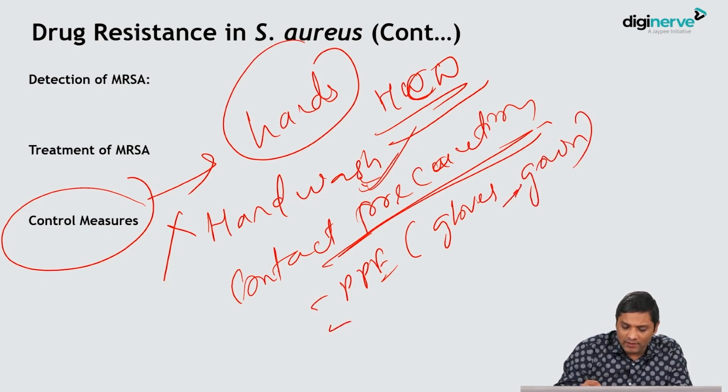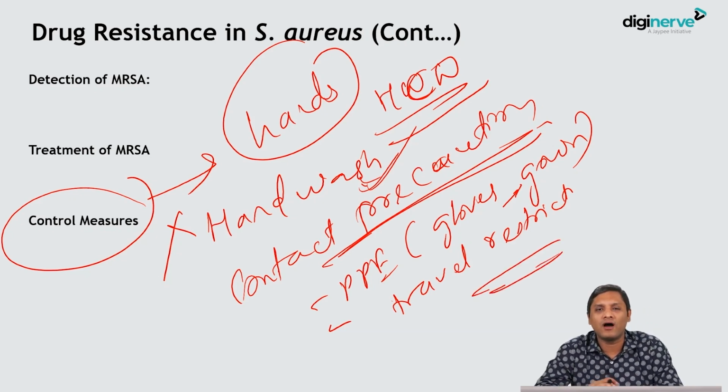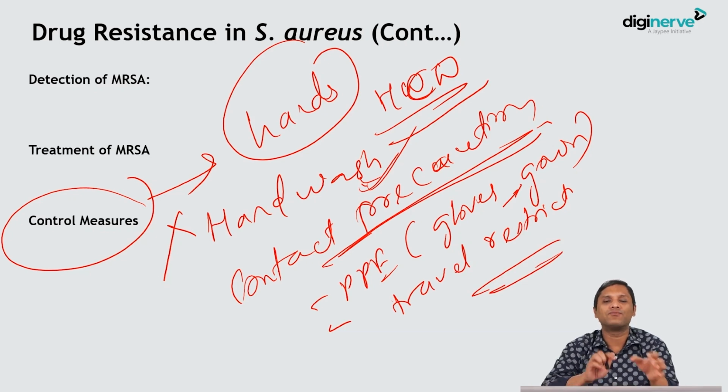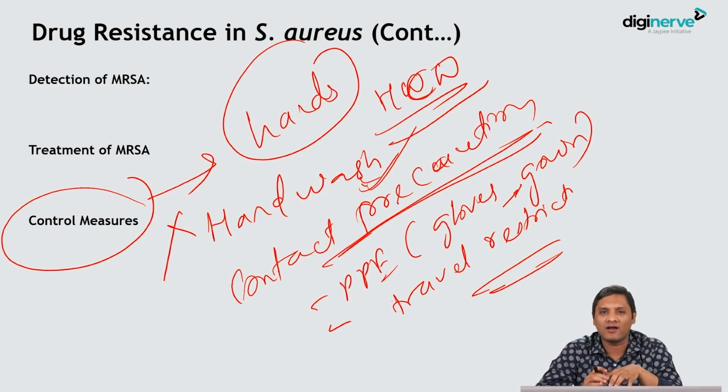You can also restrict the visitors coming to the hospital, because they may carry MRSA strains. If they touch the patient, they may carry the MRSA and spread it in the community also.